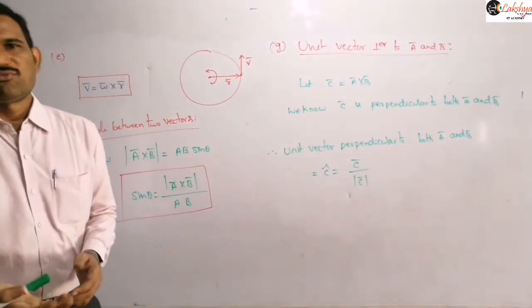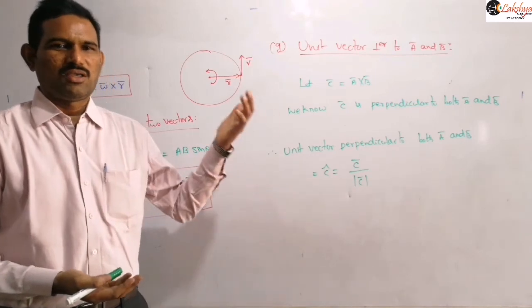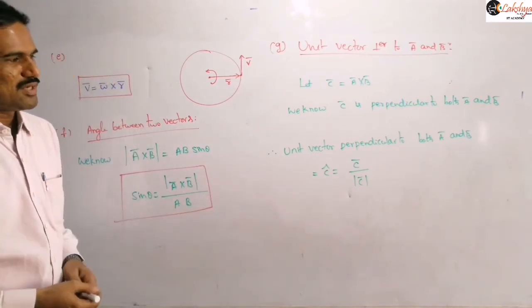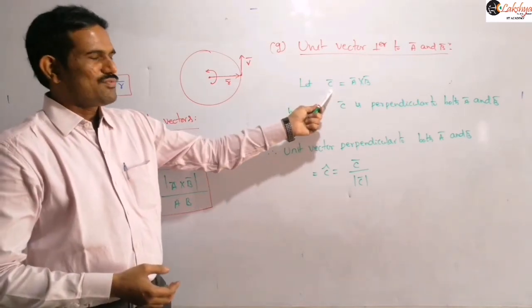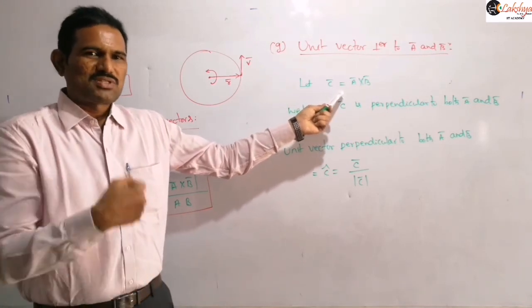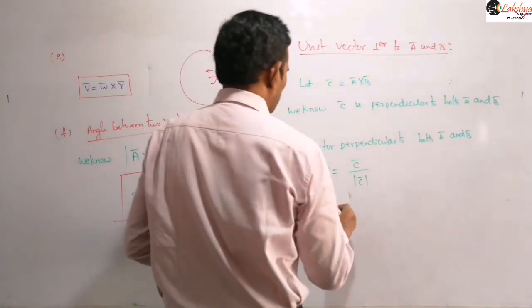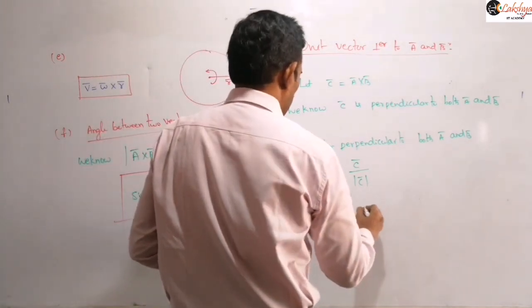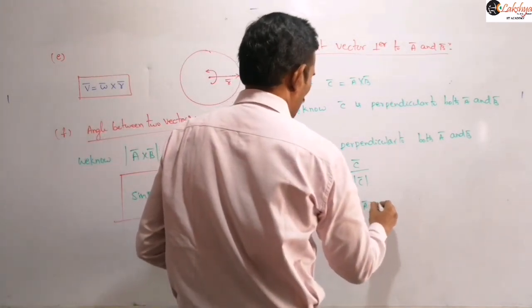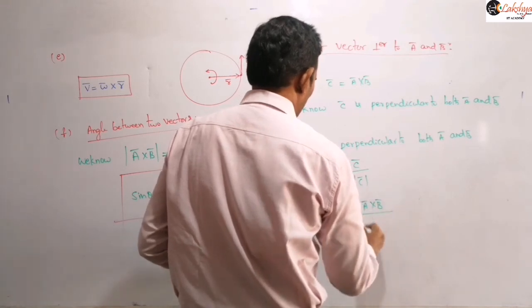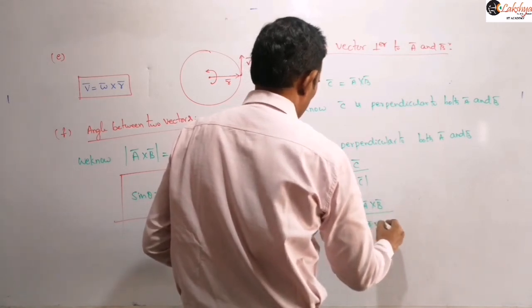If you are finding the unit vector of a bar, we know we write a bar by mod of a bar. Similarly, we need to find the unit vector of c bar, because c is already perpendicular to both a bar and b bar. So that can be expressed as c cap is equal to a bar cross b bar by mod of a bar cross b bar.